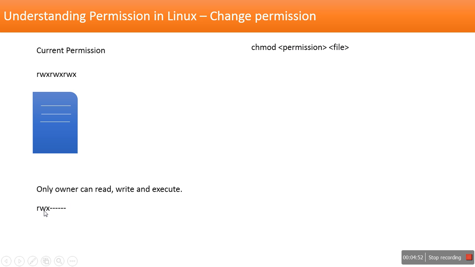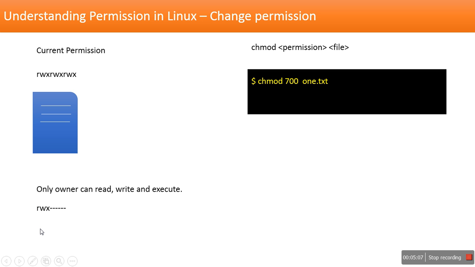If we represent this permission in numeric notation, for the owner we have RWX, which means 4+2+1 = 7. For group there is nothing, so 0. For others nothing, so 0. So the new permission is 700. We will execute this command: chmod 700 1.txt. So these permissions will be assigned to this file.